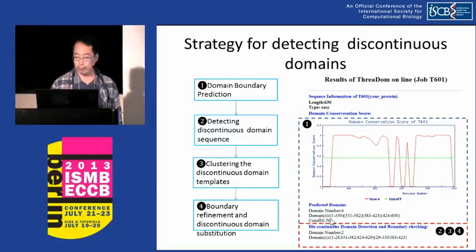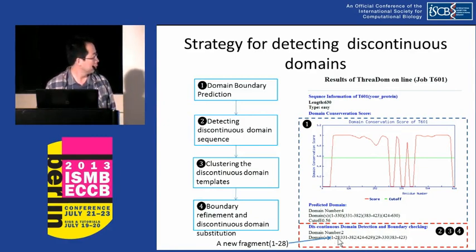Then we directly determine the prediction and the default domain sequence. Using the discontinuous domain detection function, we can combine or merge these 4 segments into 2 domains. Here, we must mention that a new small fragment is added.